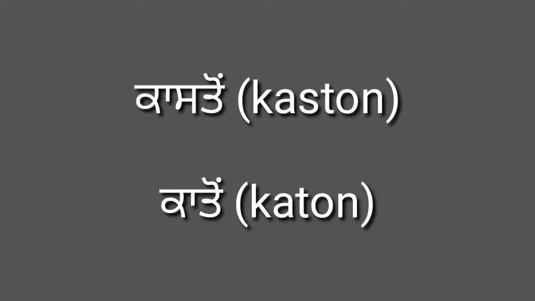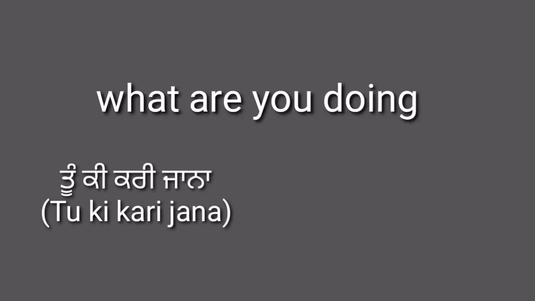So now let's move to the next word. The next word is what. In Punjabi it is ki, there's nothing to doubt about it. It's pretty simple. What you doing in Punjabi is going to be ਤੂੰ ਕੀ ਕਰੀ ਜਾਨਾ. Or in formal, ਤੂੰ ਕੀ ਕਰ ਰਿਹਾ.